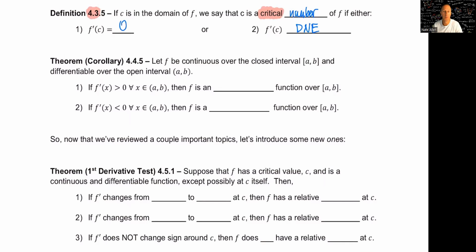Then there was another important thing in 4.4. This corollary off of a theorem said that, as most of them did, if it's continuous over a closed interval and differentiable within that interval, then if our derivative was greater than 0, that meant over that it was increasing, and if it was less than 0, then it was decreasing within that interval.